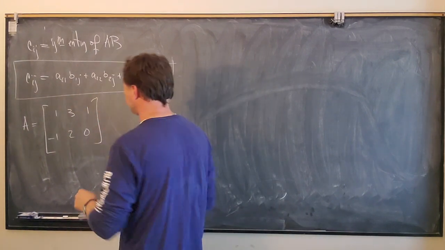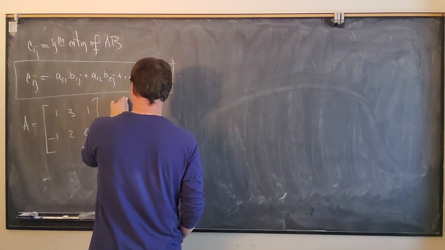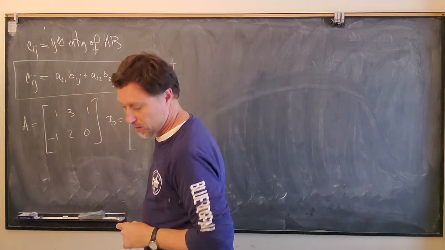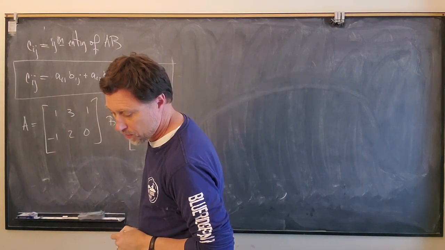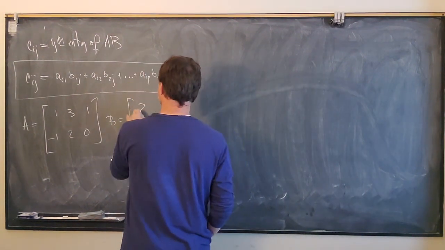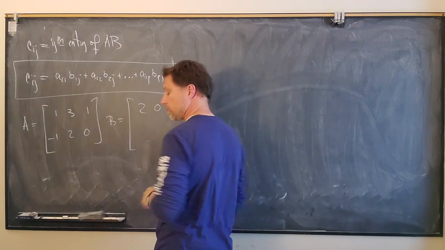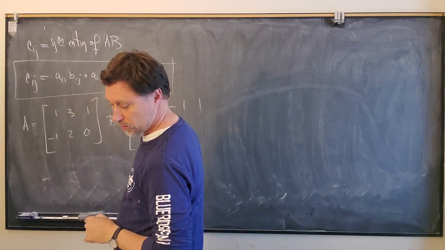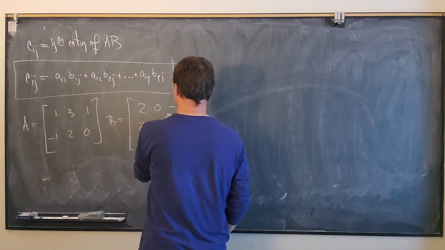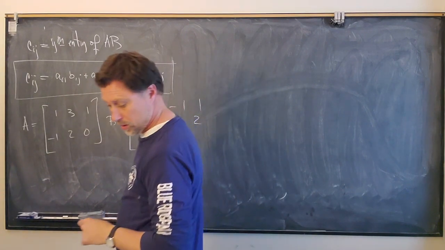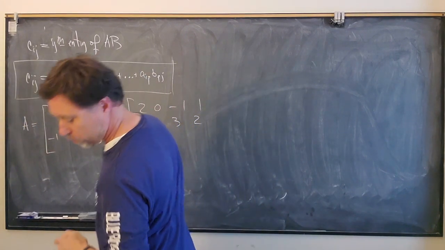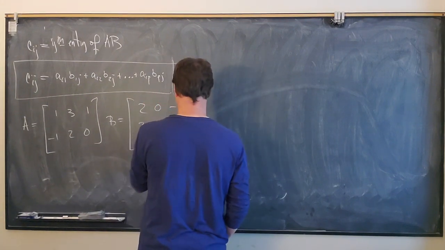And B is the matrix 2, 0, minus 1, 1; 2, 0, 3, 2; and 1, 0, 1, 4.